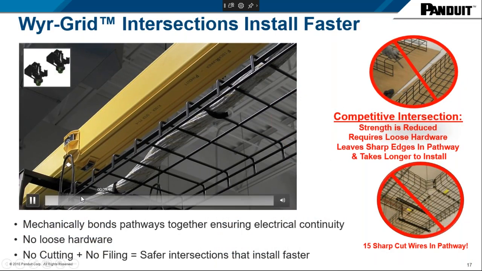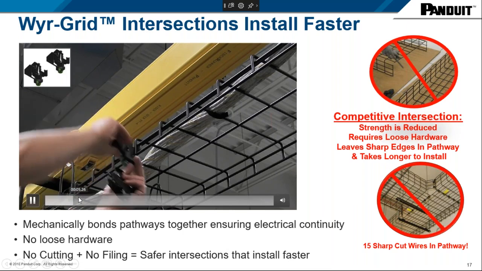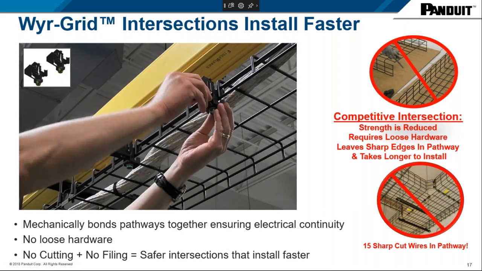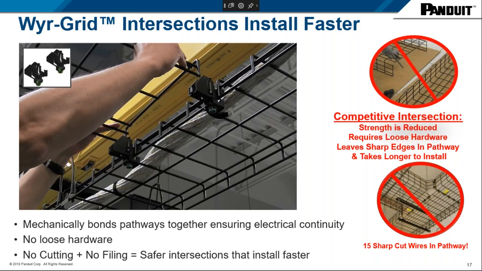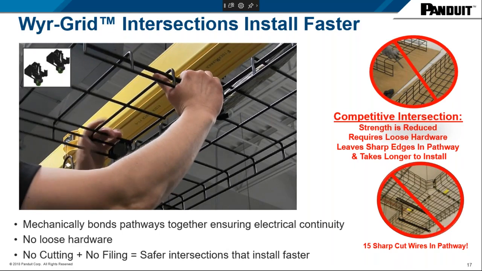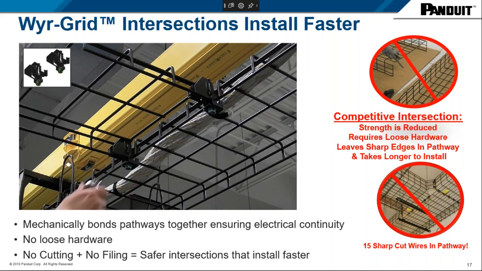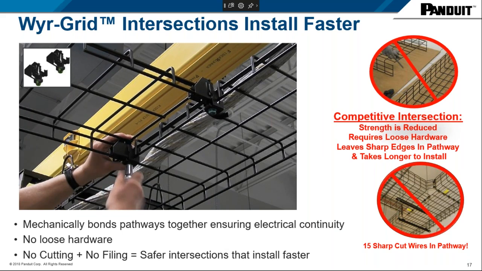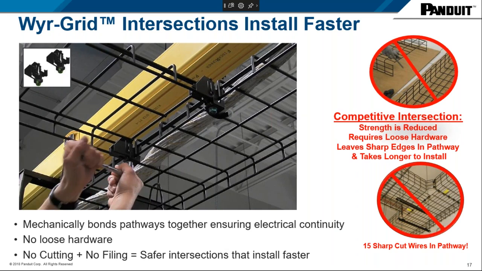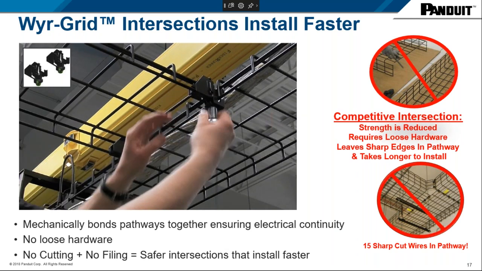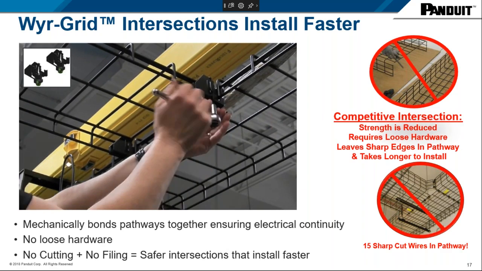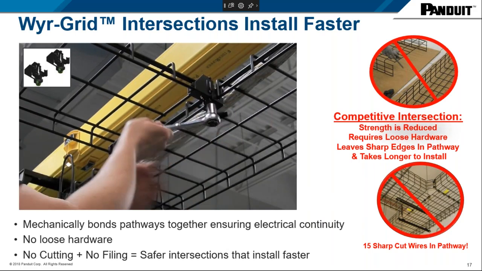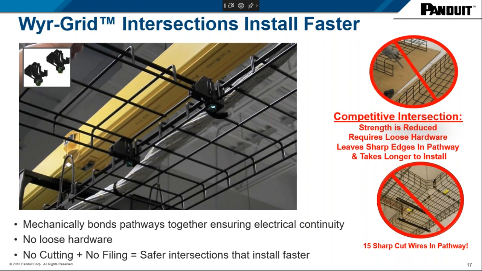So here, I do want to showcase a quick little video on an intersection. We're going to do a 90-degree intersection, and you're going to actually see how easy it is to install a 90-degree intersection. We have our intersection splice connectors. You saw that a person was able to add another pathway, and then now they're just tightening the bolts. And I do want to mention that as they're tightening the bolts, they're getting a proper grounding surface. That screw is actually scraping into the paint to make sure that we're electrically bonded.